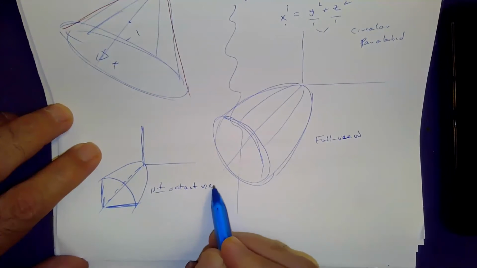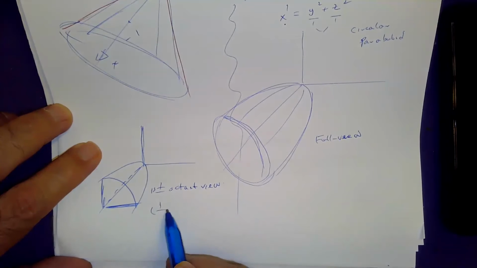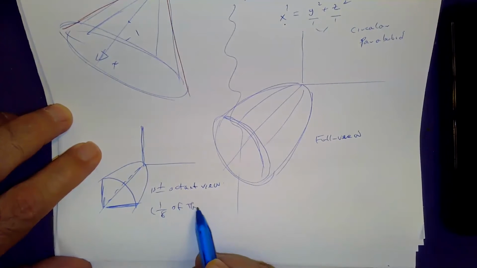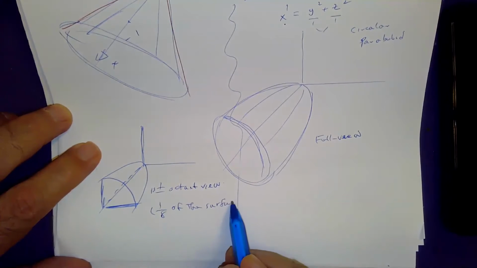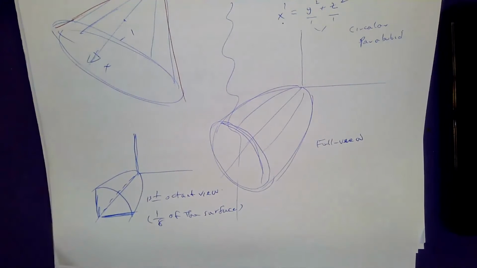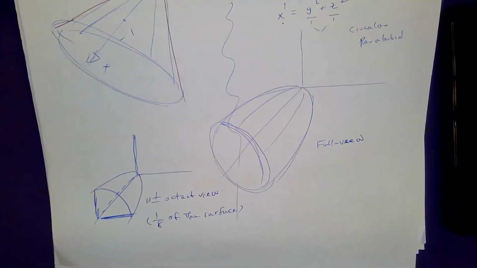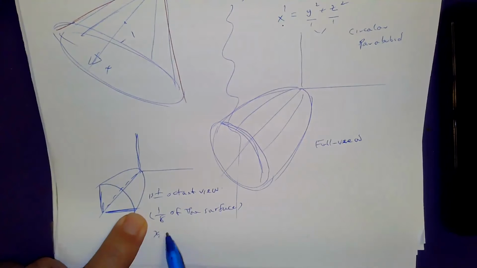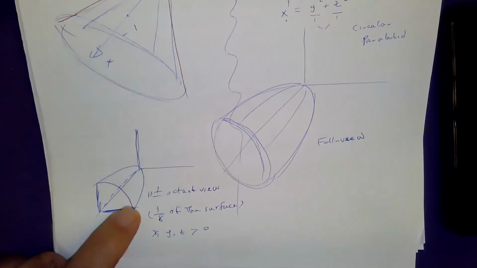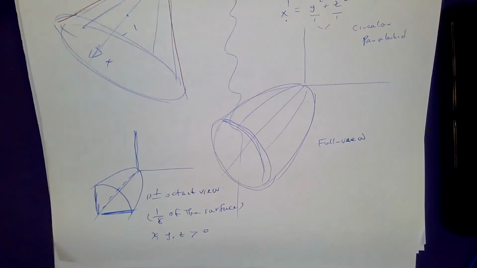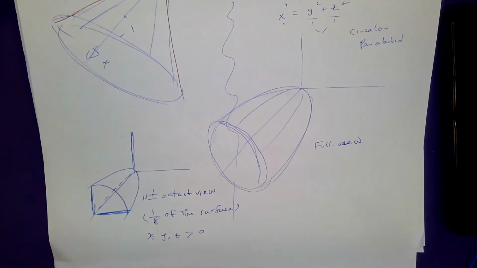You know what I mean by first octant view, don't you? That's 1/8 of the surface. Because remember, the coordinate system divides the space into 8 octants. In the first octant, x and y and z are positive. You see it? So that's the first octant view of this guy.